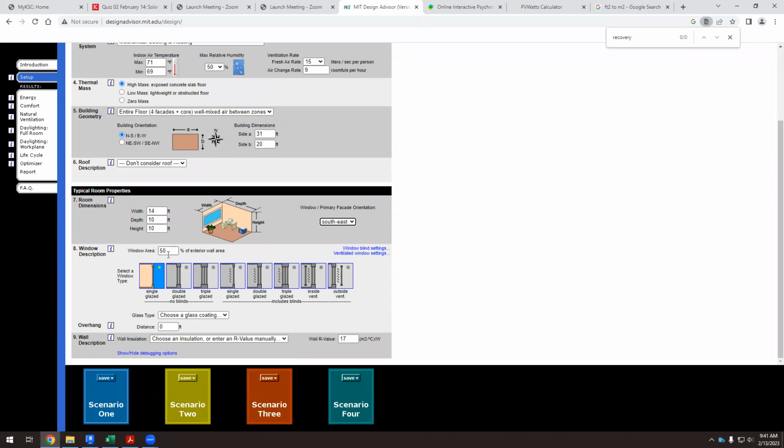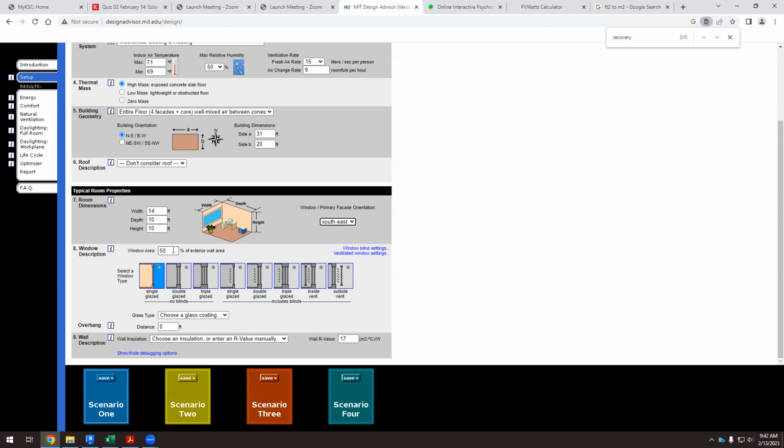Now, window area of exterior wall. What's the percentage of the area? I think we had here the area of windows. It's 382. And here we have the area of walls.